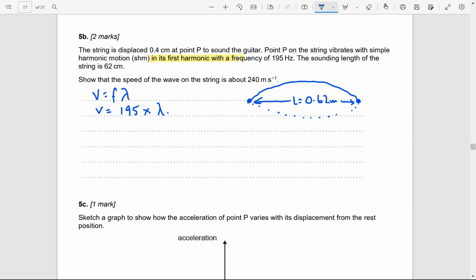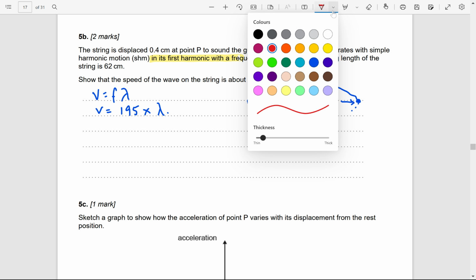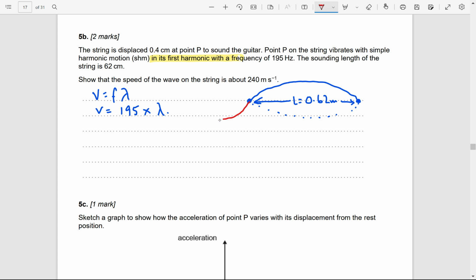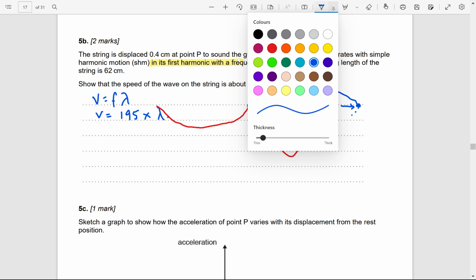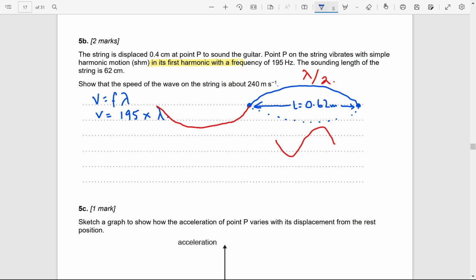And we've actually got half a wavelength here. You can see that if I was to continue the wave, I'll do it backwards because I've got more space, like that, we can see that the red and the blue equals the shape of a full wavelength. So I've got half a wavelength here.